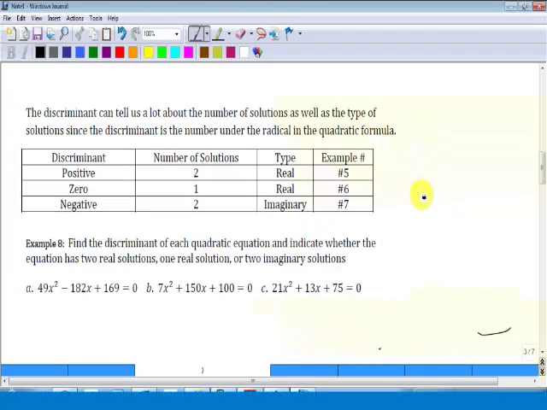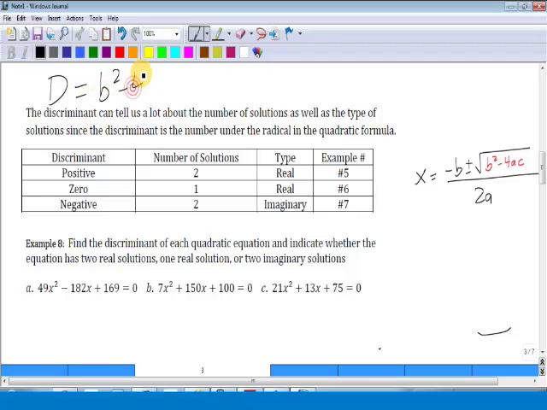The discriminant, if you compare with the quadratic formula, x equals the opposite of b plus or minus the square root of b squared minus 4ac all over 2a. The discriminant is the expression underneath the radical sign in the quadratic formula. The discriminant D equals b squared minus 4ac.